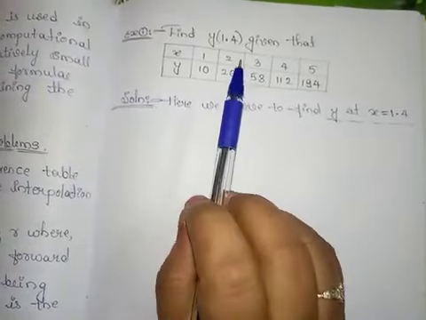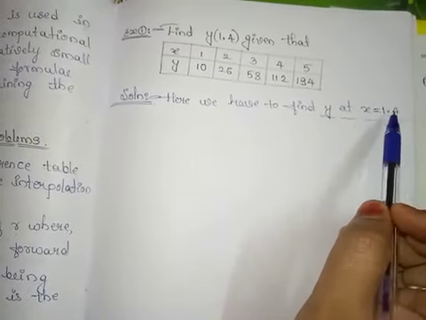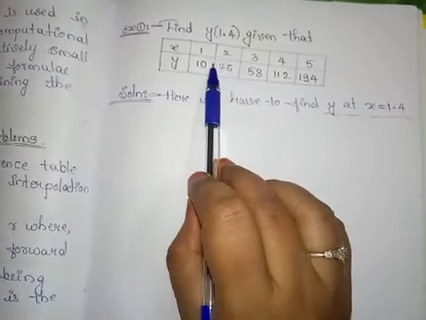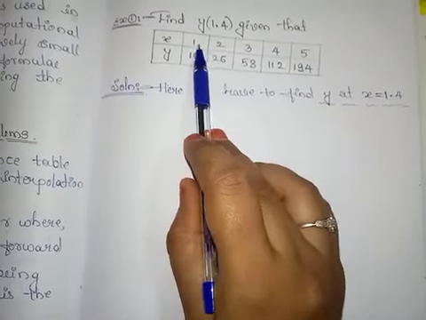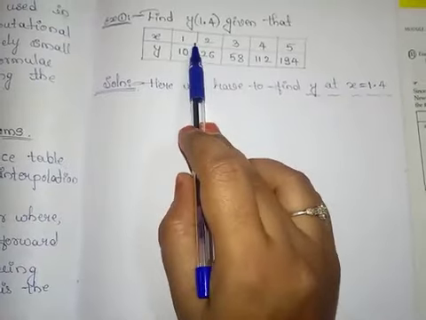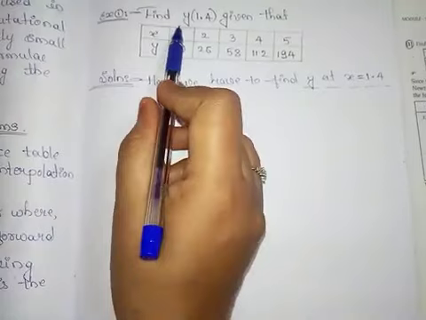Now we have to see whether the value x = 1.4 lies in the first half or in the second half. 1.4 lies between 1 and 2, and 1 is our x naught value.